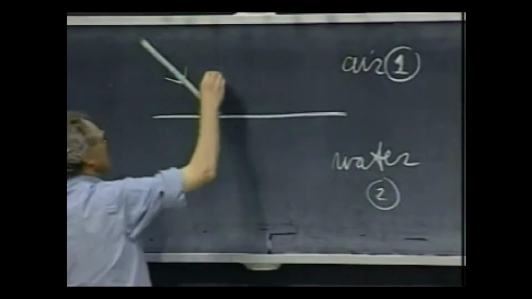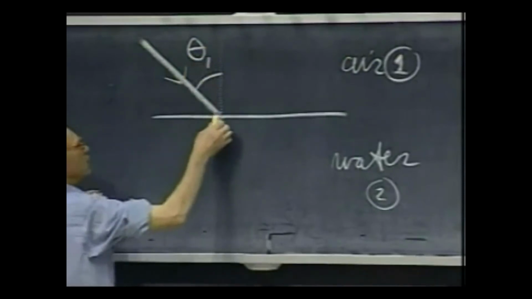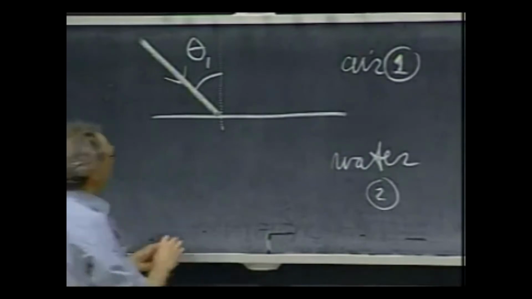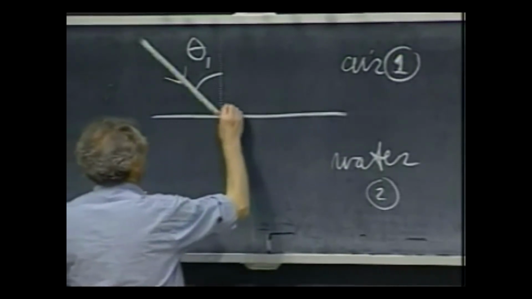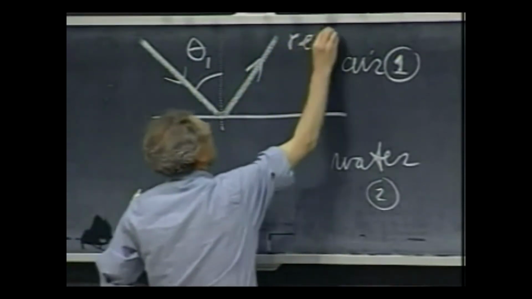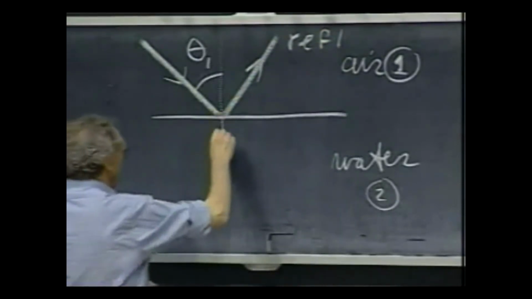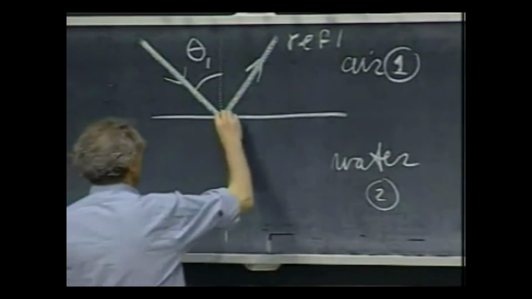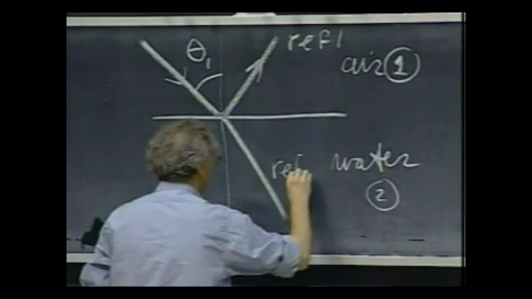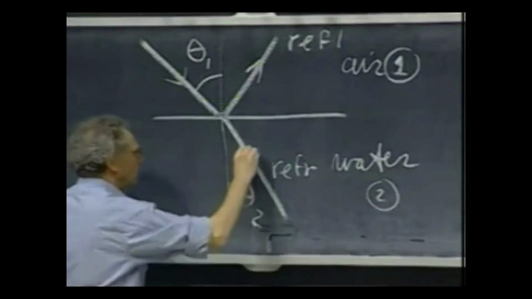And I define this angle as the angle of incidence, and I call that theta 1. This is the normal to the surface. I will see now that some of that light is reflected, with an L as in lion, and some of that light goes into the water, and we call that refracted, with an R as in Richard, and this angle we'll call theta 2.